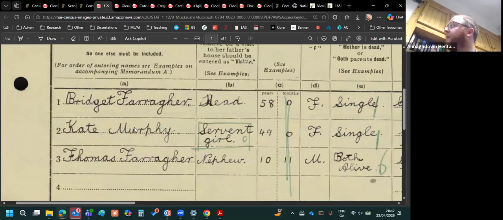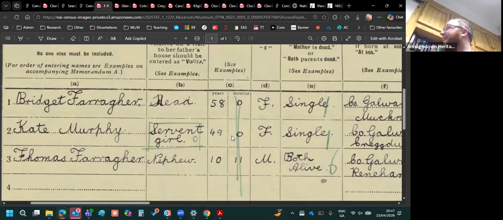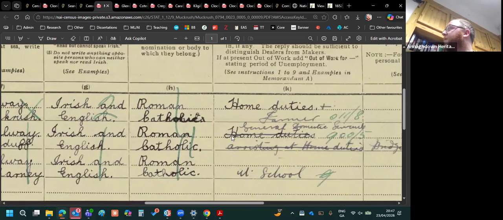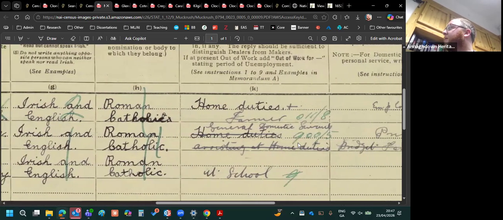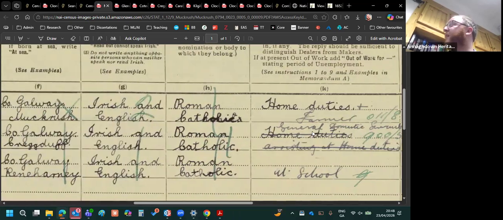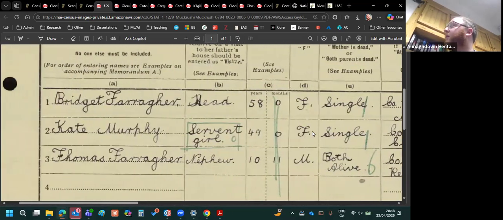And in the house, there's Kate Murphy, 49, but still listed as a servant girl from Craigduff, and general domestic servant. Private. So she had entered Bridget Farrer as her employer, and then that was changed to private, I think probably by the enumerator. Bridget Farrer is the head of the household here.